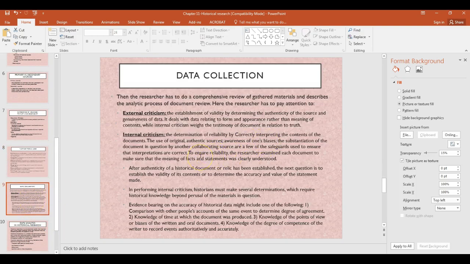Now, for data collection, after you find your sources and sort them into primary and secondary sources, you have to evaluate them for external and internal validity and criticize them in that sense. In external criticism, you want to make sure of the authenticity and genuineness of the data. You ask yourself questions like, who was the author?